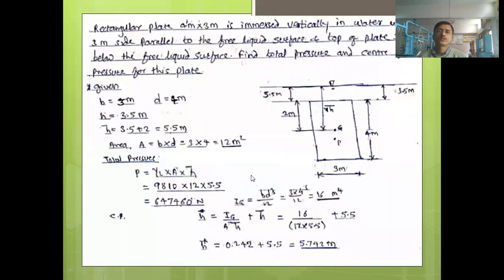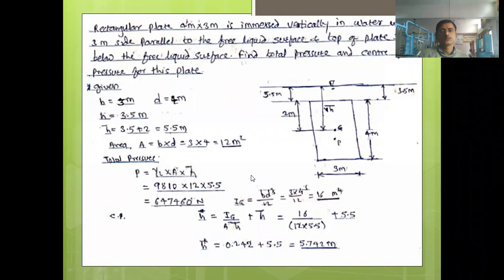A rectangular plate 4 meter by 3 meter is immersed vertically in water with 3 meter side parallel to the free liquid surface, and top of plate 3.5 meter below the free liquid surface.